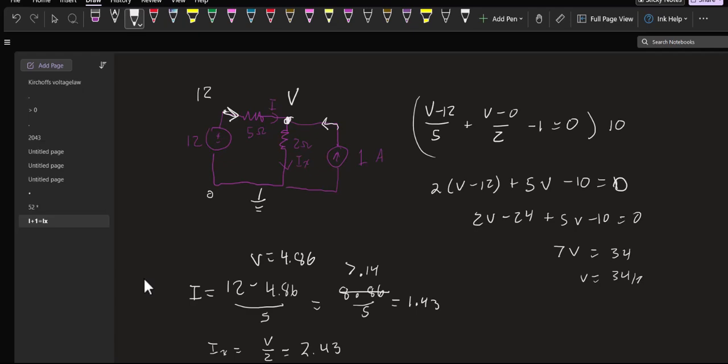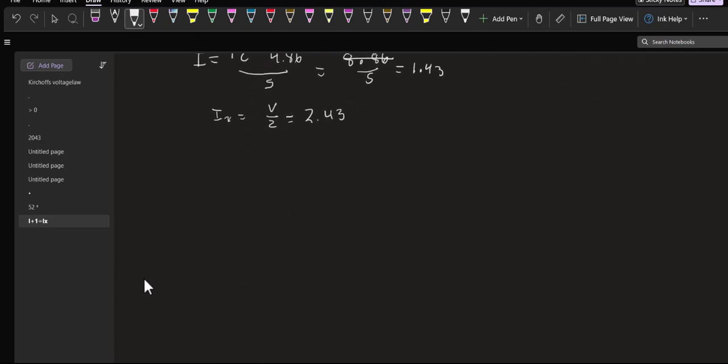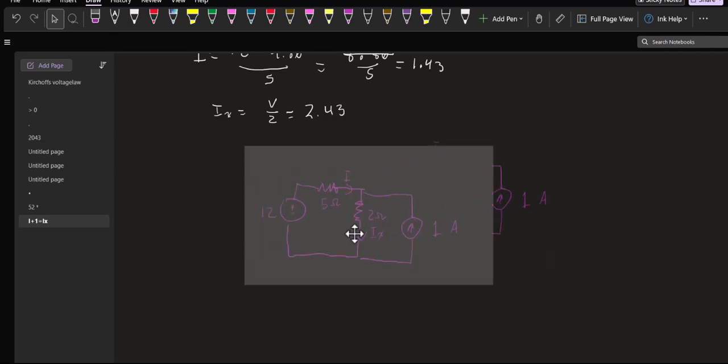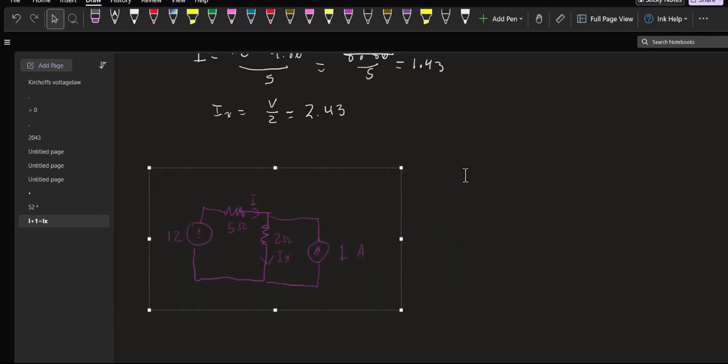And I'm going to show you yet another way, just extra for experts. You have to know how to do this in other courses. It's called source transformation. You can change a current source and a resistor in parallel to a voltage source and a resistor in series.